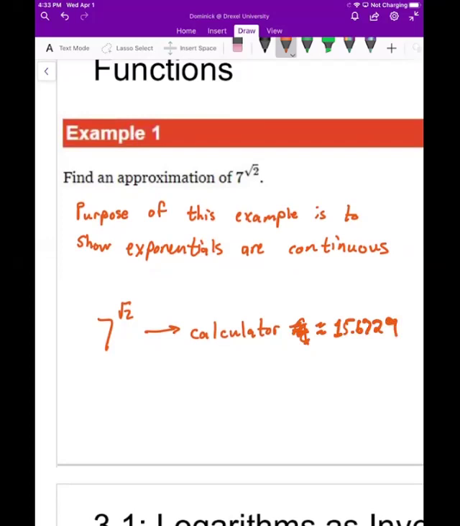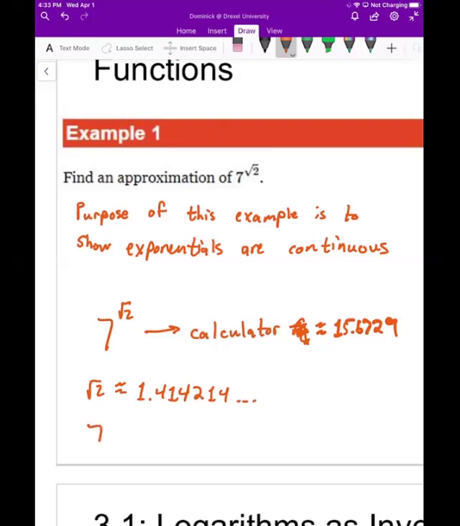Now, the square root of 2 is roughly 1.414214. There's other stuff, but that's good enough.